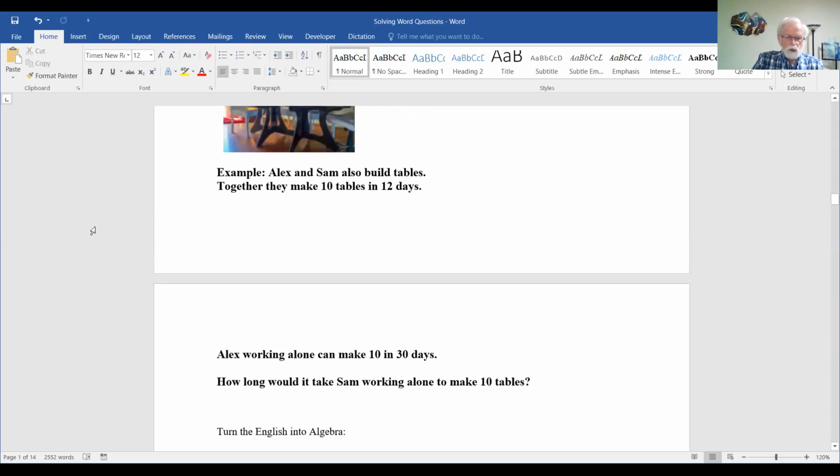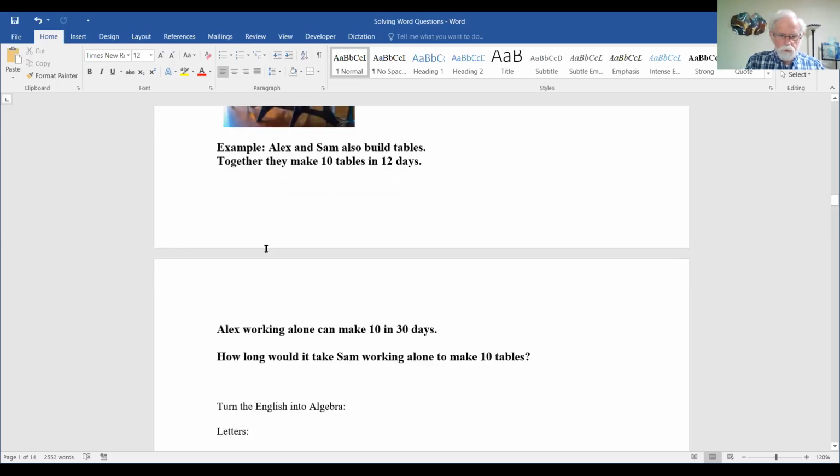Now, let's do a little logic on this first. If working together, they can make 10 tables in 12 days, but Alex working alone can make 10 tables in 30 days. That means Sam must be able to make tables faster than Alex. Does that make sense? Mm-hmm.